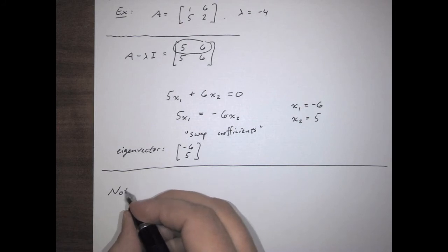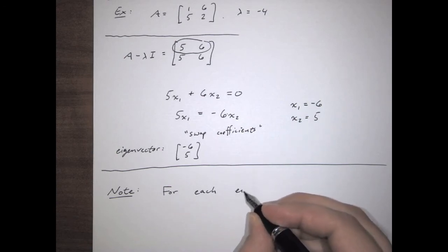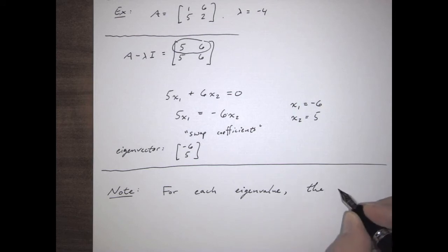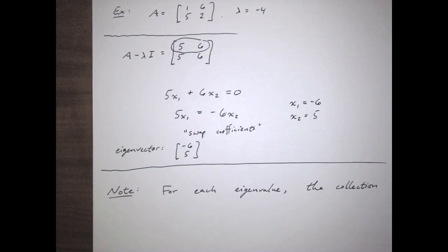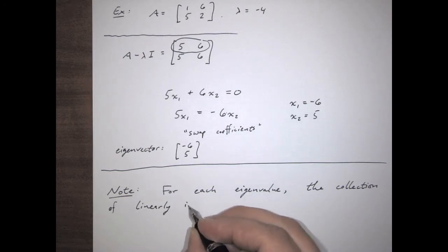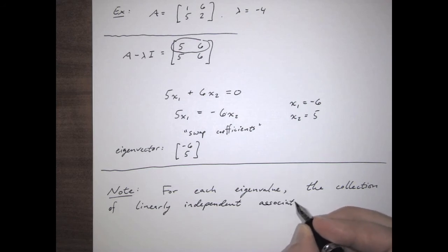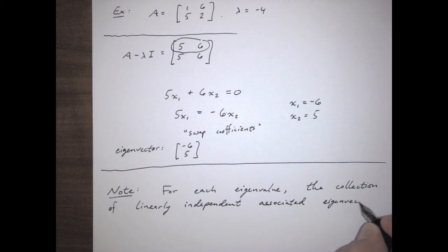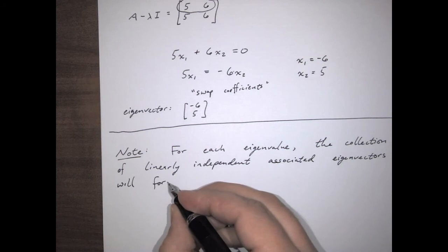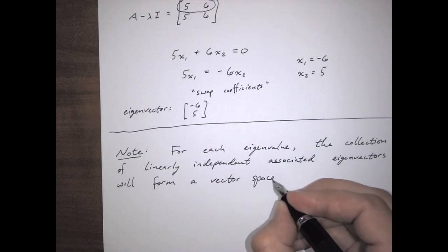So note, for each eigenvalue, the collection of linearly independent associated eigenvectors will form a vector space, which will be a subspace of Rn.